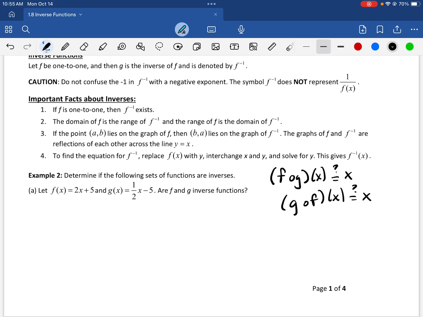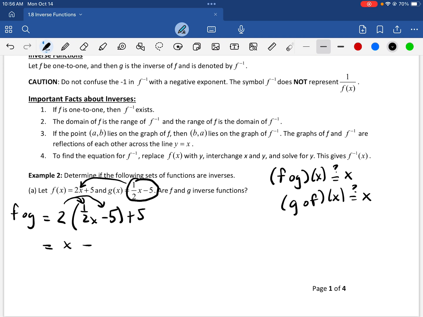So starting out with f of g, this means that function g goes into function f. Function g, right here, is going to go in place of x in f. We're going to see if we simplify this, does it come out to be equal to x? So let's see, we distribute.